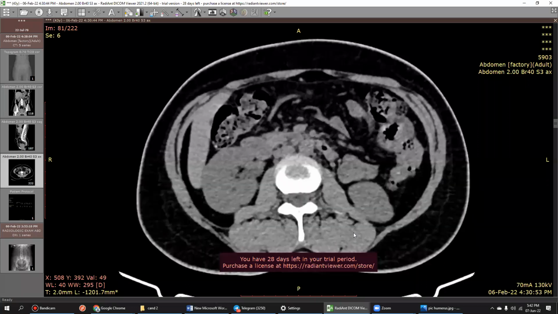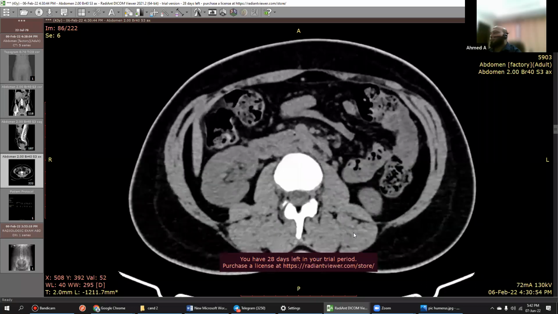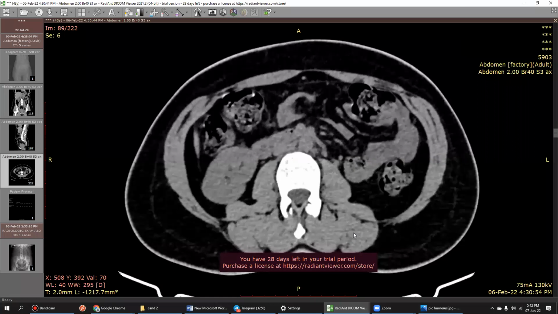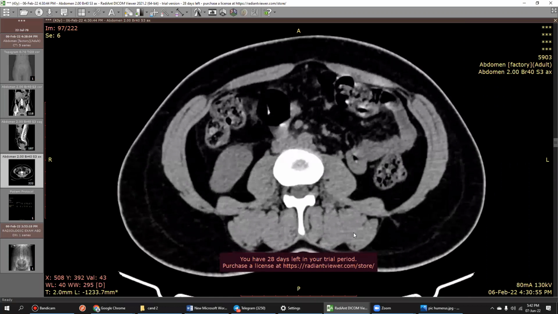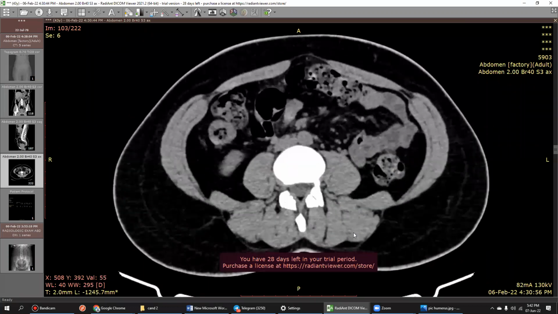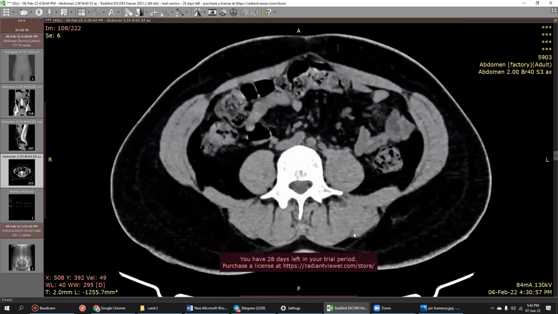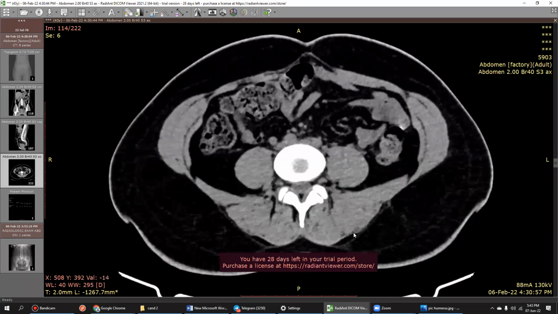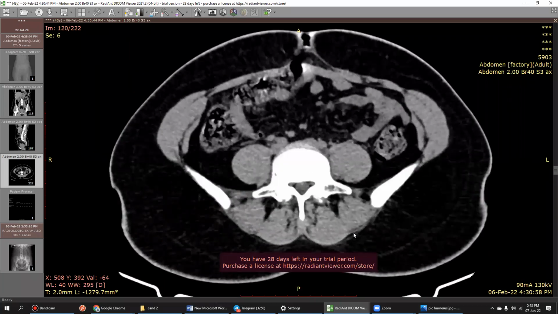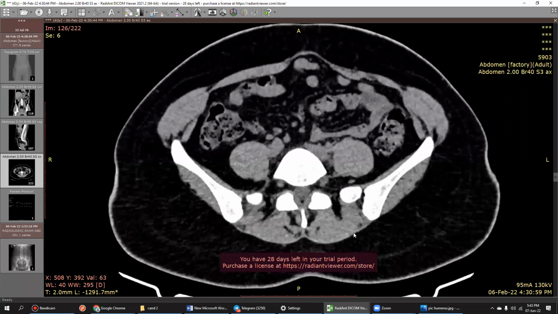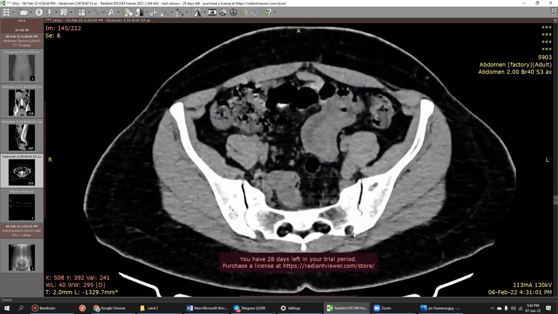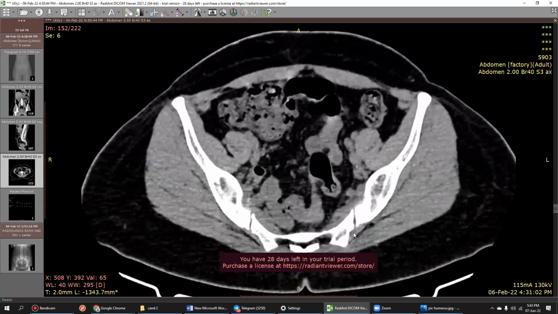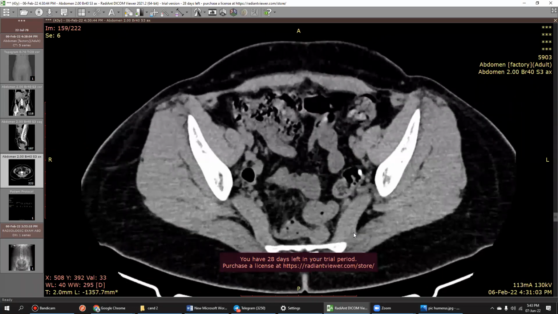This patient had come with abdominal pain on the left side. Looking at the bowel loops, there is no evidence of any dilatation. The bowel loops appear collapsed. The large bowel is also collapsed. And considering the left side of the abdomen, this patient presented with abdominal pain on the left side.